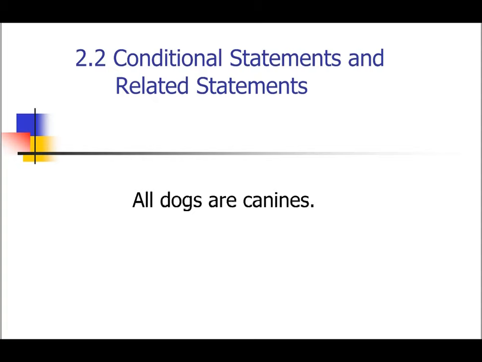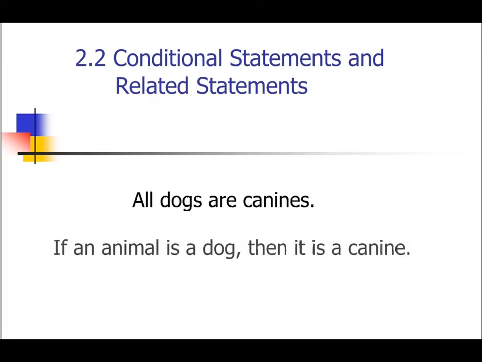And in fact, it is a conditional statement, and I'd like you now to write it in if-then form. Once you've got it written in if-then form, finding the hypothesis and conclusion is a snap. So what is this statement in if-then form? I hope you wrote something like, if an animal is a dog, then it is a canine. The hypothesis, an animal is a dog.